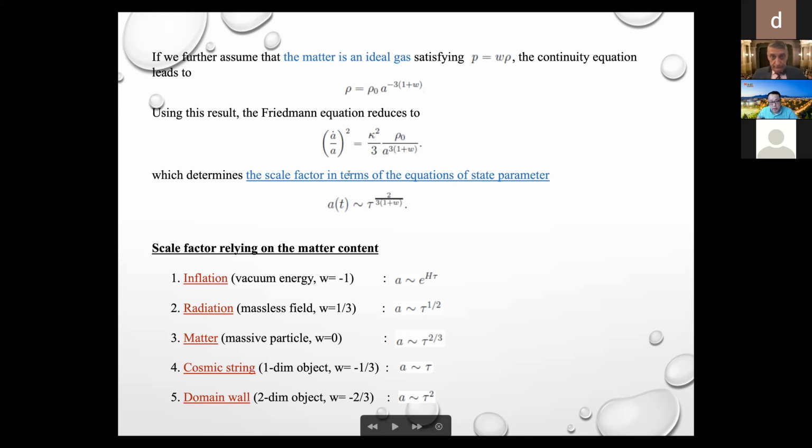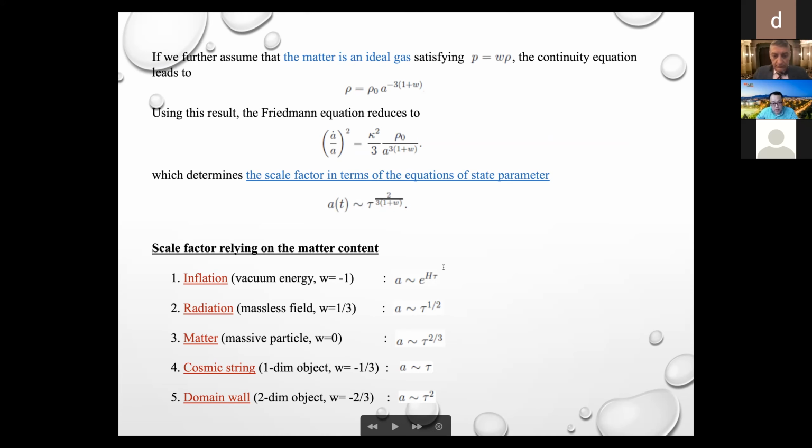The exact expansion rate is determined by the Friedmann equation. If you consider the matter to be an ideal gas, then we finally obtain these types of results: the scale factor is given depending on the equation of state parameter of the matter.